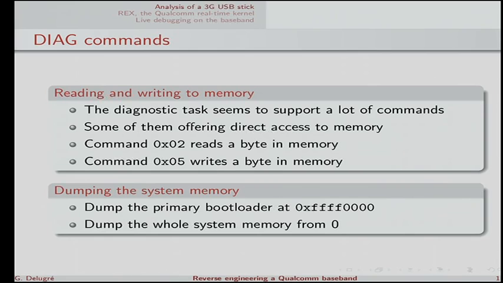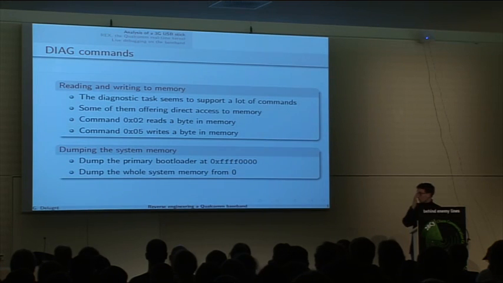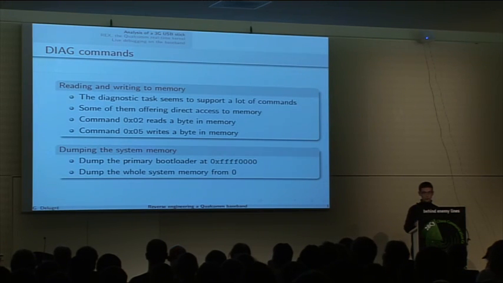So from this, it's directly possible to dump, byte by byte, the bootloader at 0xFFFF0000, which is the entry point in ARM. And you can also dump the whole system memory from 0 because it's loaded in memory.